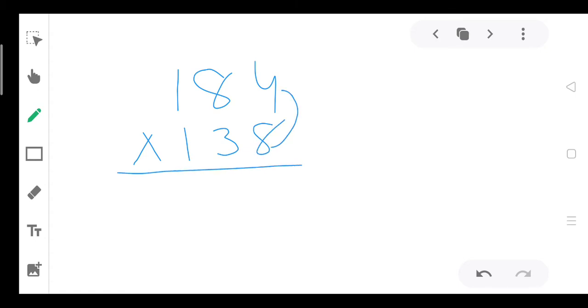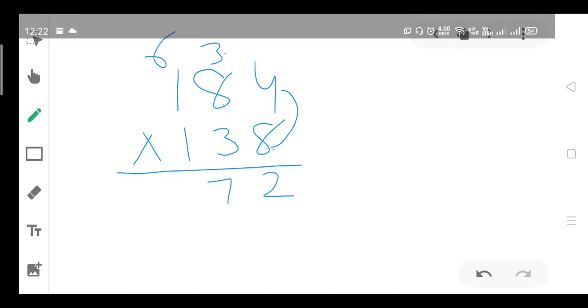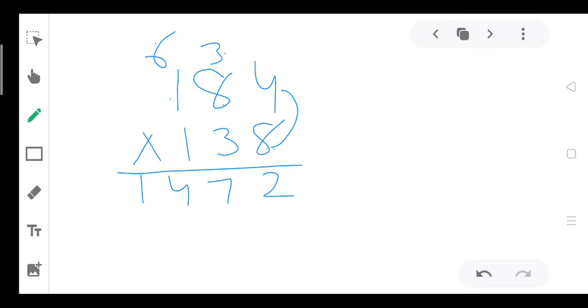Means 184 we have to multiply now by 138. Same way, 8 4s are 32, 3 carry, 8 8s are 64, 3 is 67, 6 carry, 8 1s are 8 and 6 is 14. Now tens place multiplication, but firstly ones place 0.